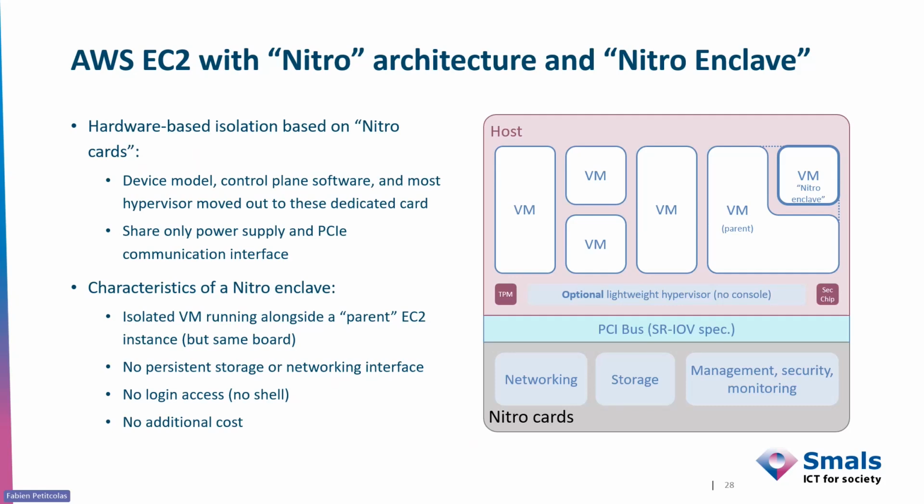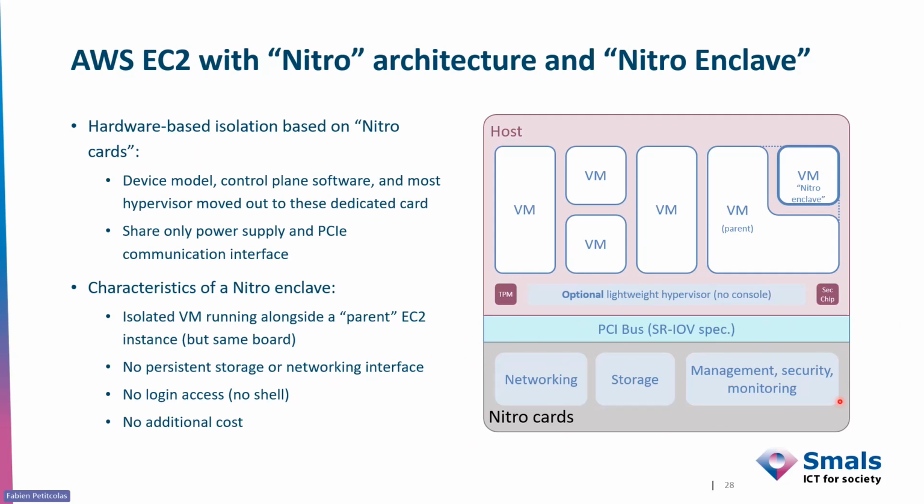But so the Nitro architecture rollout, basically what they did was to push anything related to the management of the virtual machines and of the network and of the storage out of the host computer, so that the processor of that host machine is only used for tasks of the customers. Everything else has been put on dedicated so-called Nitro cards, which are plugged in onto a fast PCI bus, and therefore separated at the physical level.